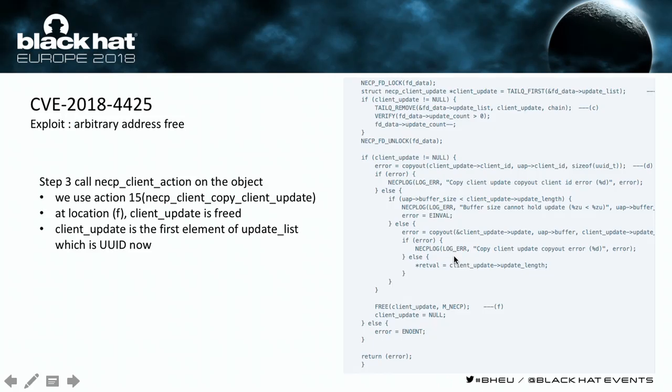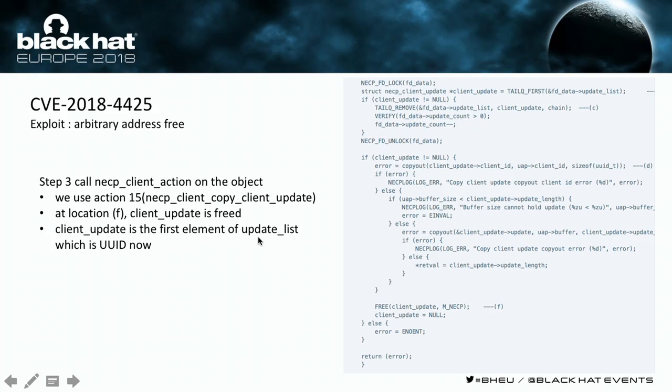The last step, step 3, you call ACB client action with client action number 15, actually the ACB client copy client update. In this function, it will finally free address client update, and client update is the first element of the update list.